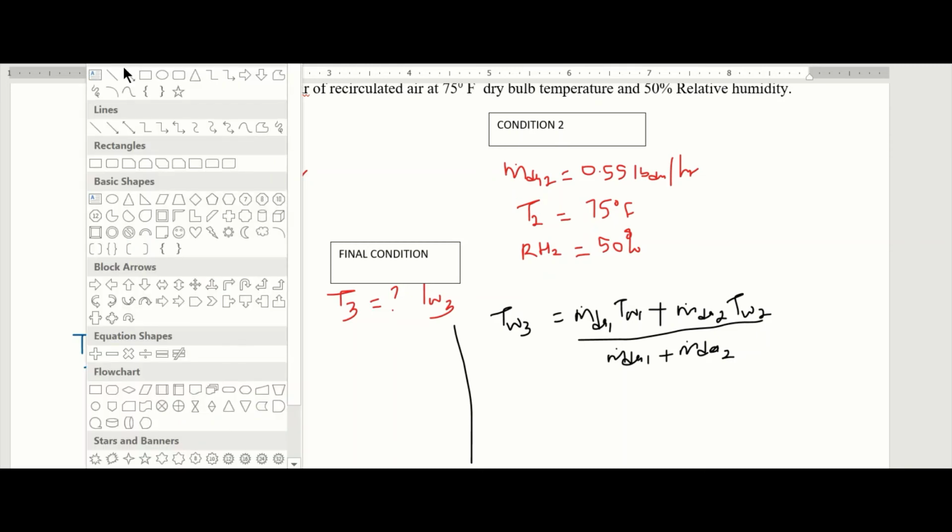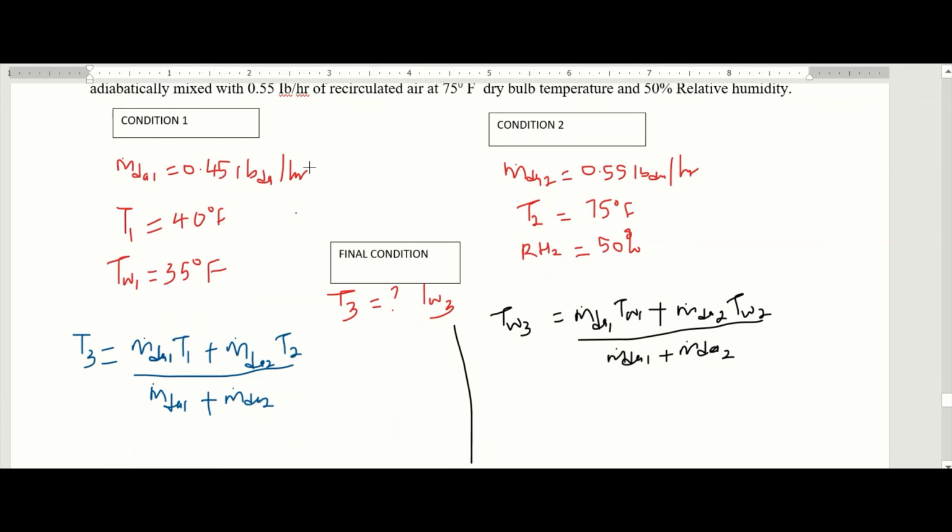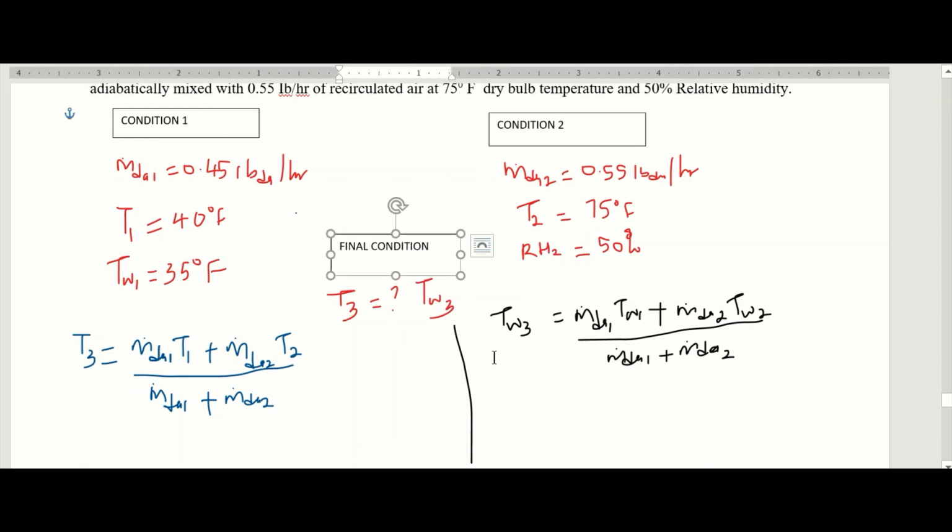And please note that before you do this, you have to look at what is given to you, so that we know what to look for from the chart. If I look at this equation, my mass flow rate at state 1 is given, our dry bulb at state 1 is given, the mass flow rate at state 2 is given, and our dry bulb at state 2 is given.